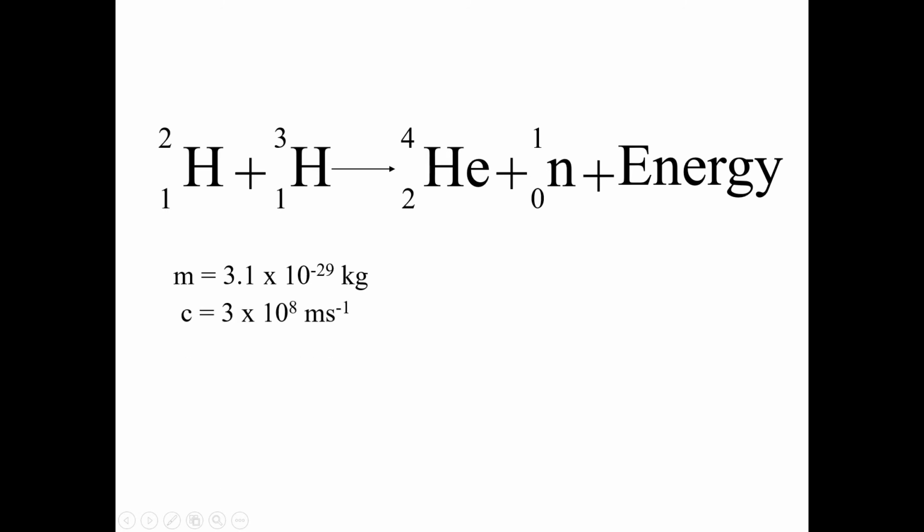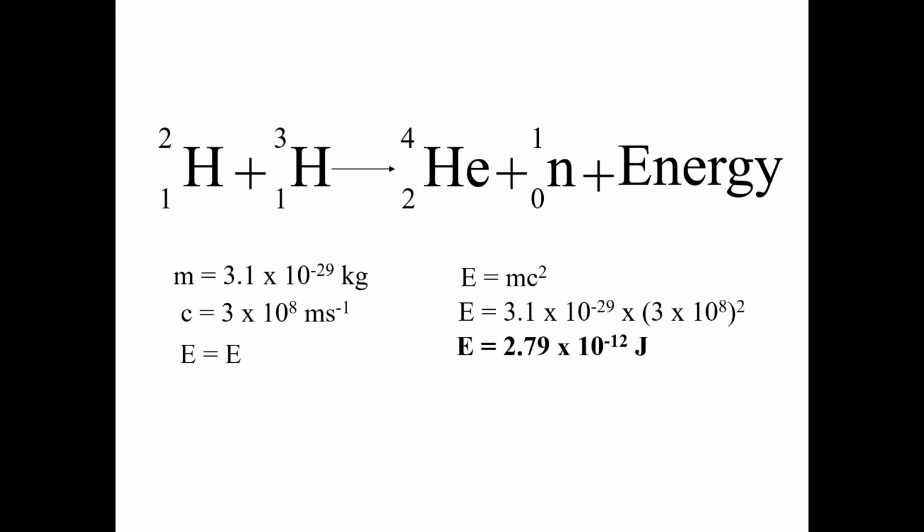You know that the value of c, the speed of light, is equal to 3 × 10^8 meters per second. The energy, by Einstein's most famous mass-energy relation, is E equals mc squared. So you just put the values into this equation, the mass difference for m and the value of c squared, and do the calculation with a calculator.